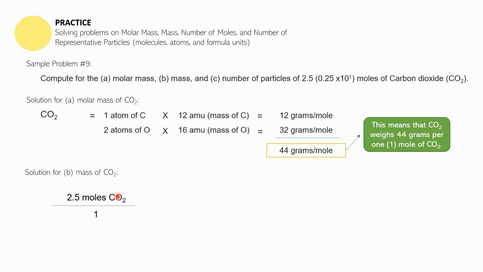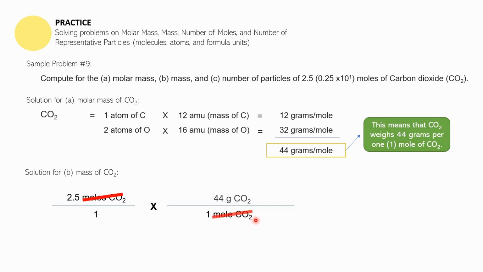So, merong numerators and mayroong denominators. Ayan. And then you're going to multiply that by 44 grams of carbon dioxide over 1 mole of carbon dioxide. This is the same thing as 44 grams per mole of carbon dioxide. Okay, pareho lang siya. Remember, 44 grams of carbon dioxide means 1 mole of carbon dioxide.